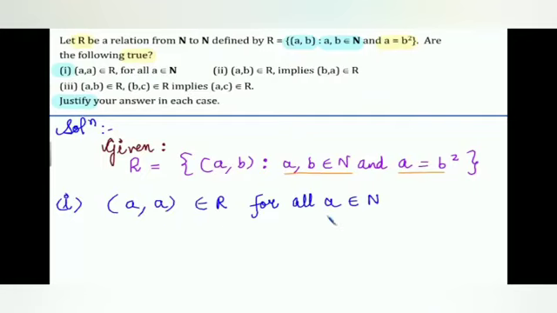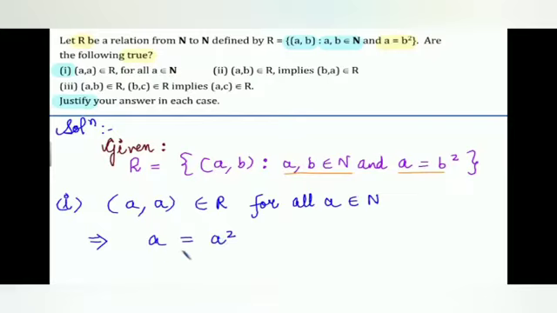So the first statement is (a, a) belongs to R for all a belongs to N. Here, for (a, b) we have a = b².